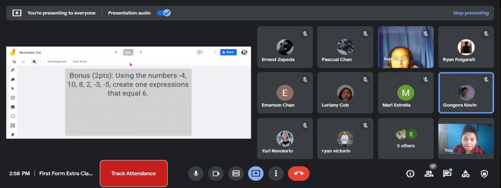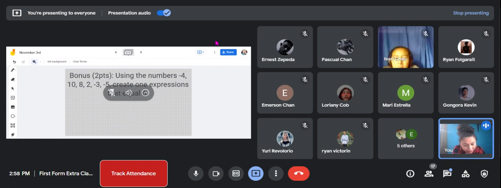And then your bonus. The word bonus means if you want to do it, you can do it. If you don't want to, then you don't. The bonus is: use the numbers -4, 10, 8, 2, -3, -5, and create one expression that equals 6. You have to use all the numbers for this question.